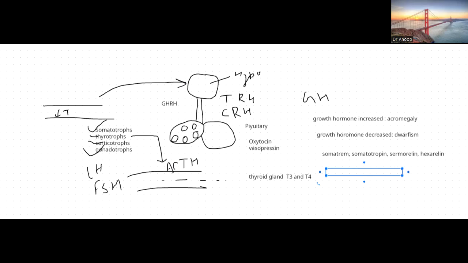This is a growth hormone antagonist. There is also somatostatin. Somatostatin is a growth hormone antagonist, but its duration is short. So scientists have created longer acting growth hormone antagonists. The drugs are octreotide.